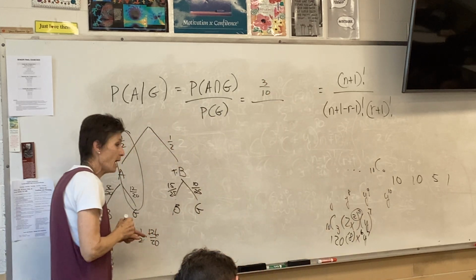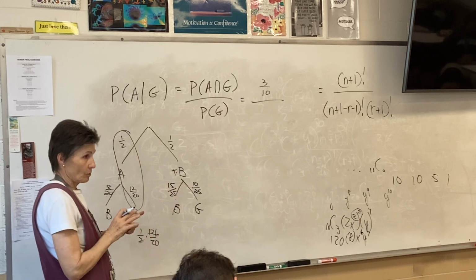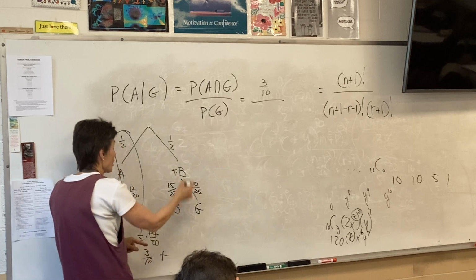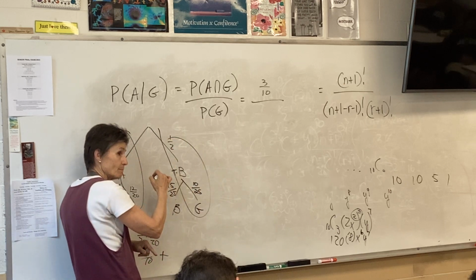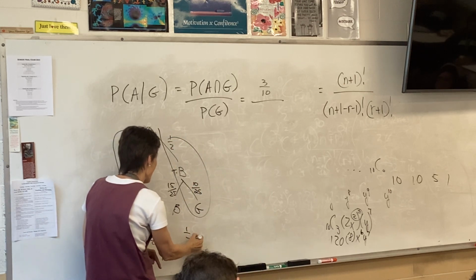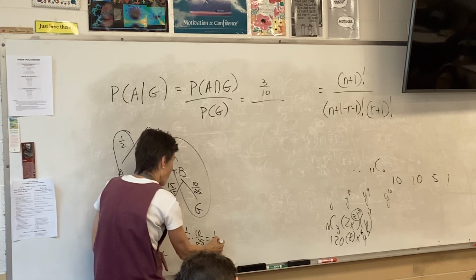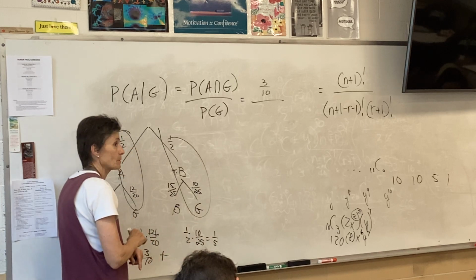Now, what's my denominator? All the girls. So it's this 3/10, but it's also this one, which is 1/2 times 10/25, which is 1/5. Is that right?